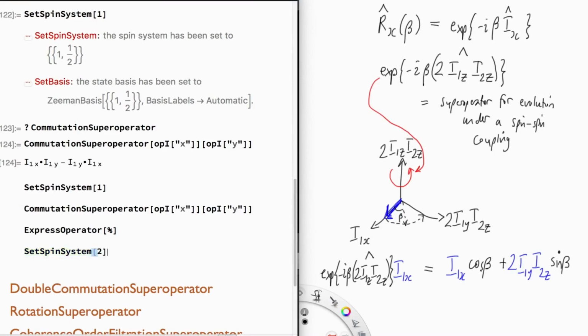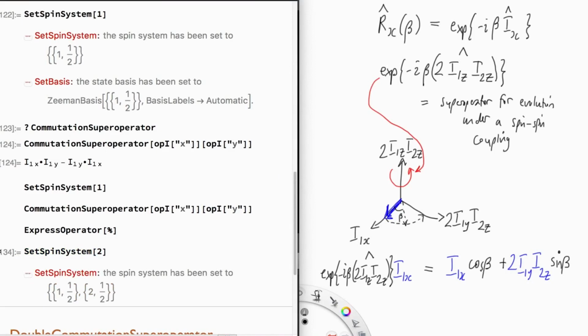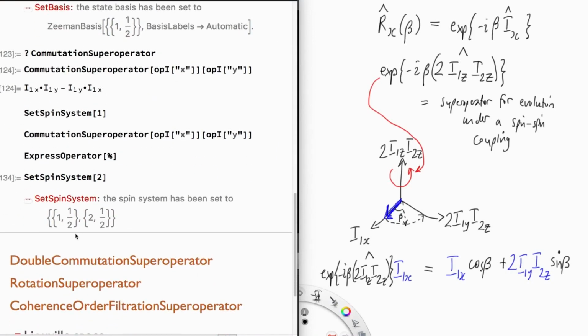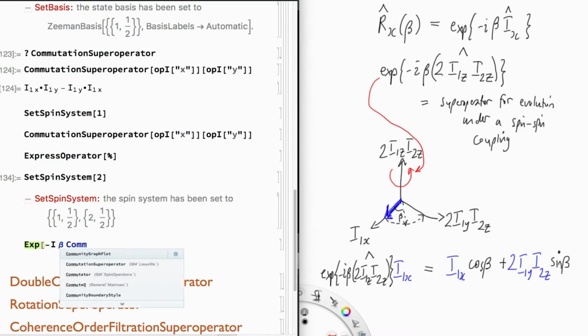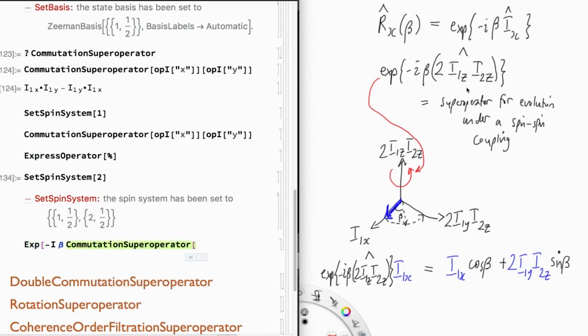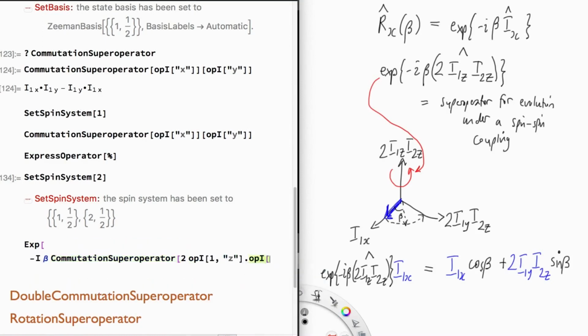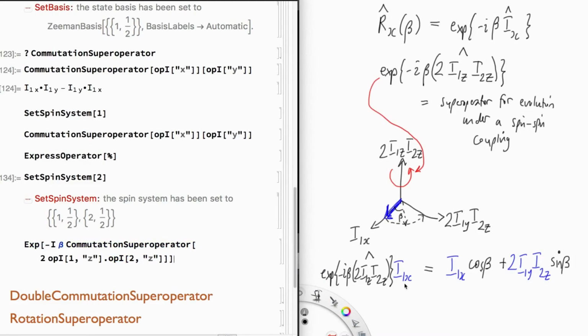So I make sure I have a two-spin system. I set up the exponential of minus i beta times the commutation superoperator of this product operator, and apply that to I1x.